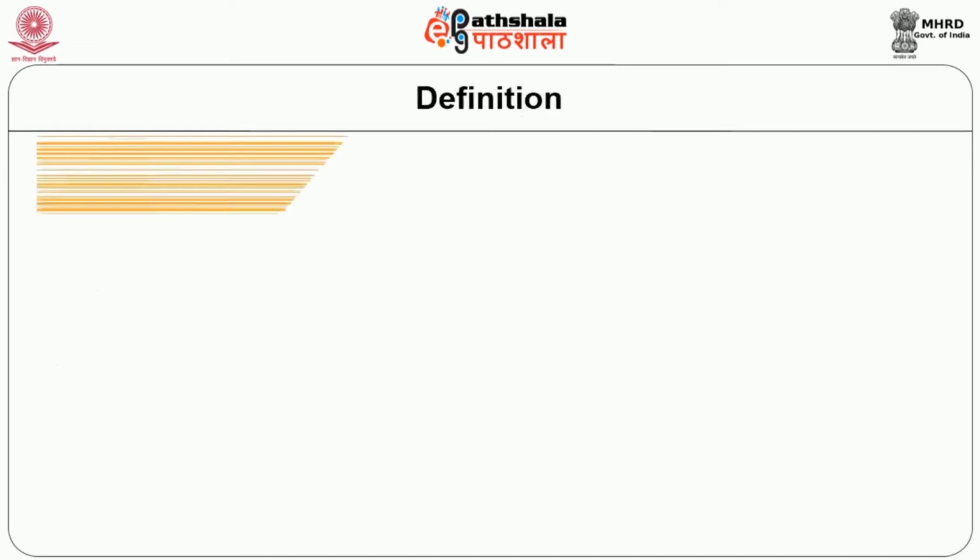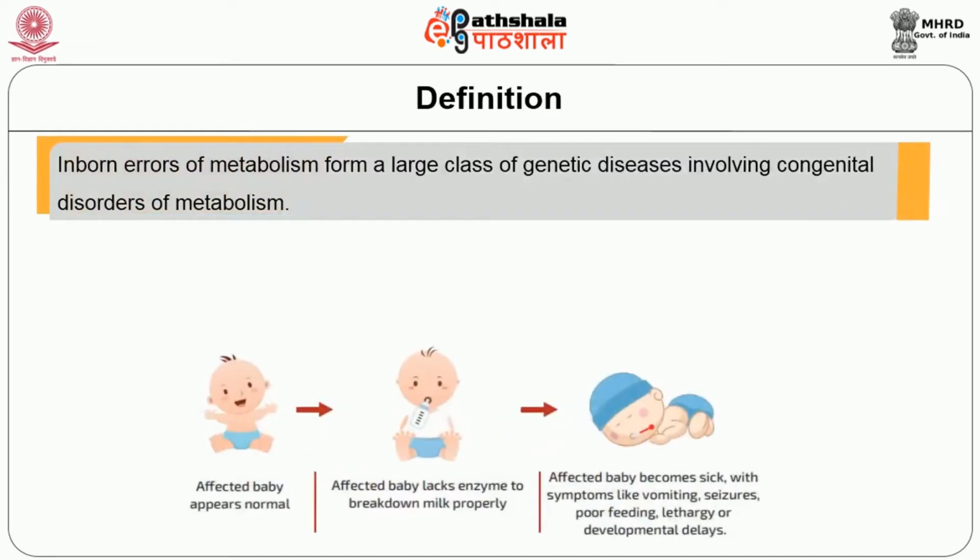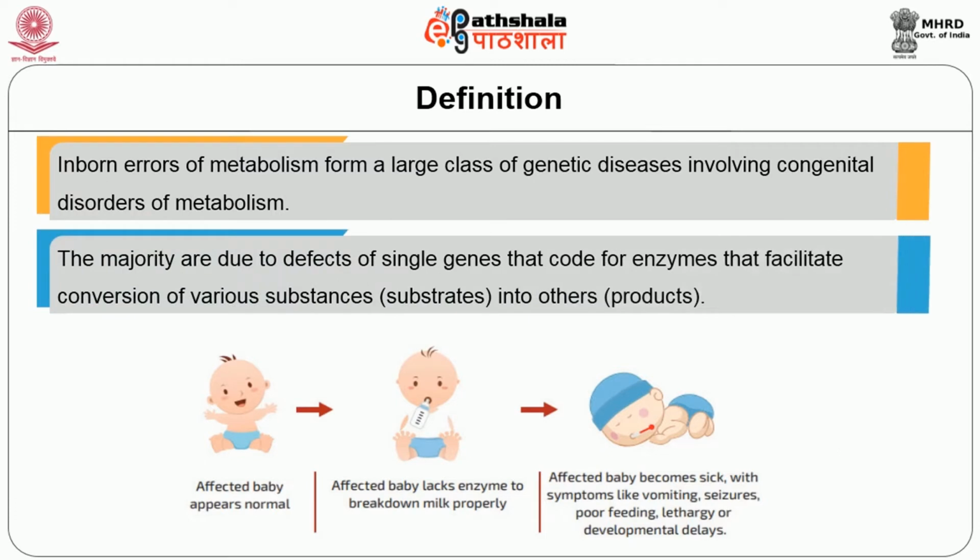To define this, inborn errors of metabolism form a large class of genetic diseases involving congenital disorders of metabolism. The majority are due to defects of single genes that code for enzymes that facilitate conversion of various substances, or substrates, into others, that is, the products.